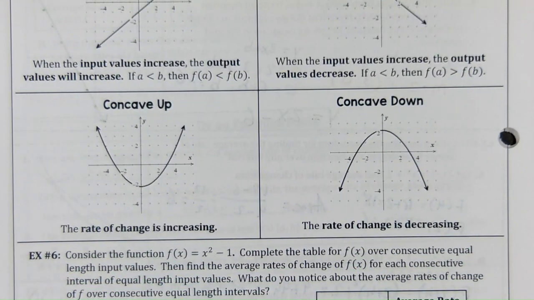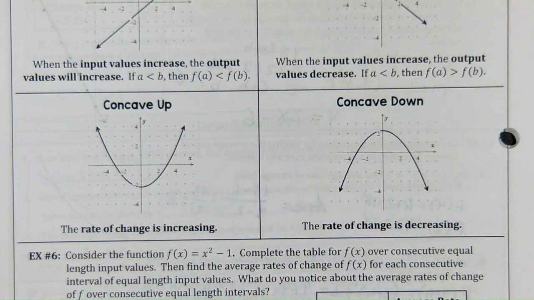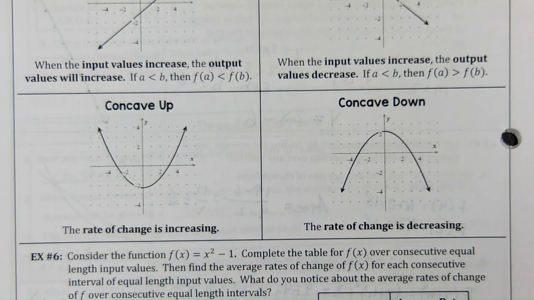Now the essential thoughts of concavity. This whole structure is concave up, but that has nothing to do with increasing, decreasing. It has everything to do with the rate of increasing, decreasing. A graph is concave up when your rate of change or average rate of change is increasing.